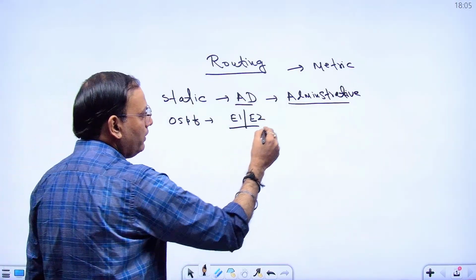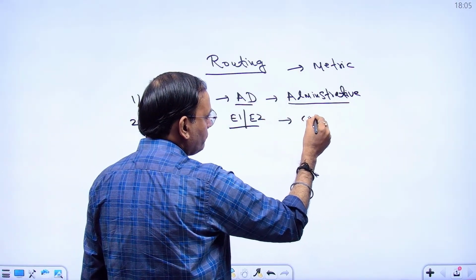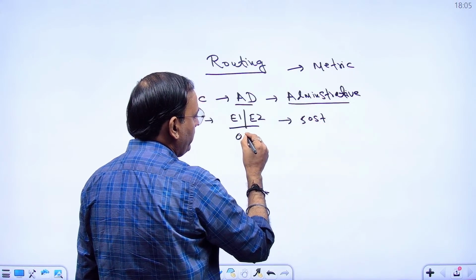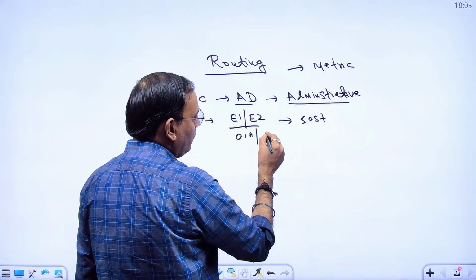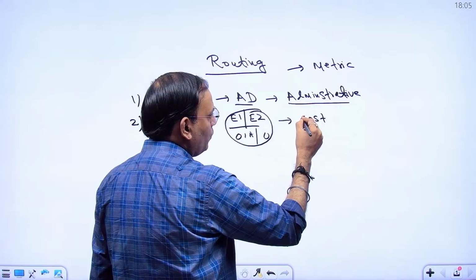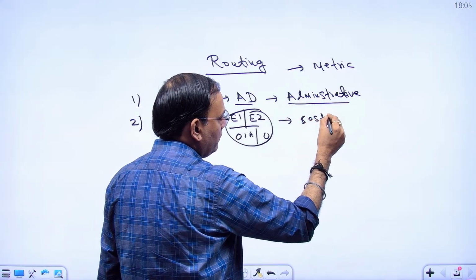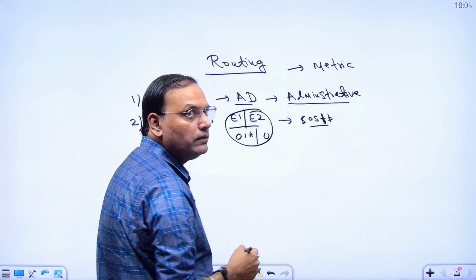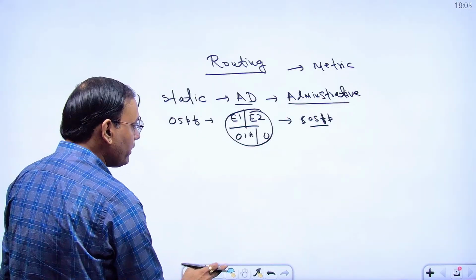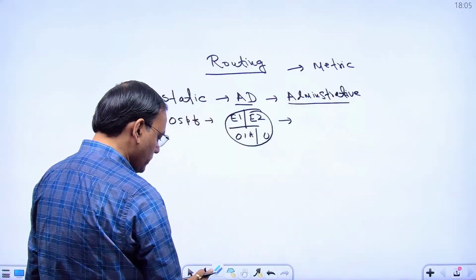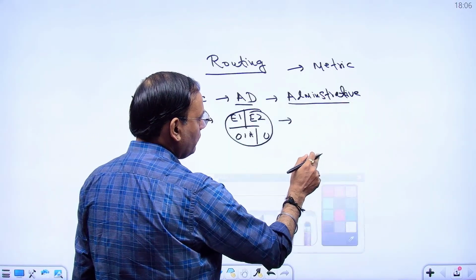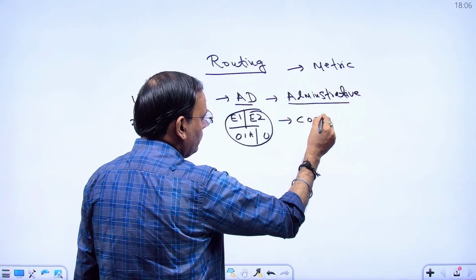So either E1 or E2 routes, cost, O IA, O. These are the 4 types of route that OSPF prefers. It all depends upon the metric of OSPF. So the metric of OSPF is cost.